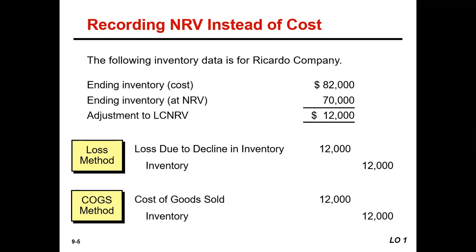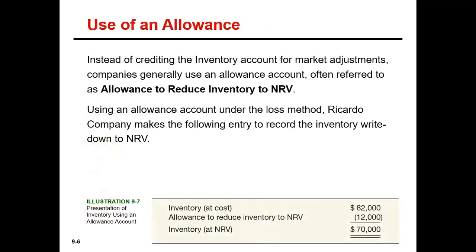And like your book tells us, the loss method is usually preferable because it isolates the amount of loss due to decline in inventory. Whereas if it's debited to cost of goods sold, it's just included in that cost of goods sold account. It doesn't show it separately. So that's what your book says about it. But both methods are acceptable.